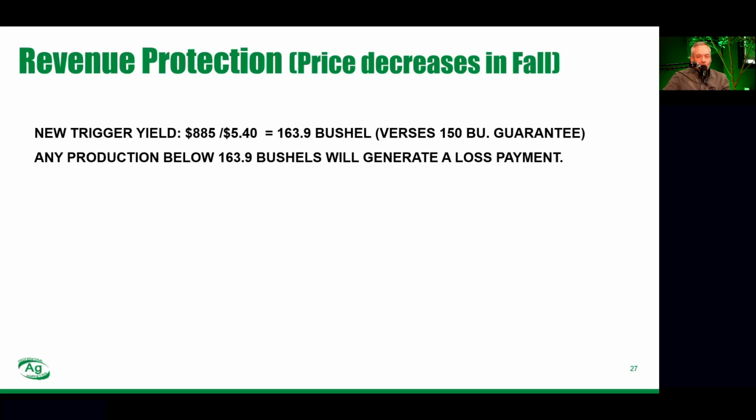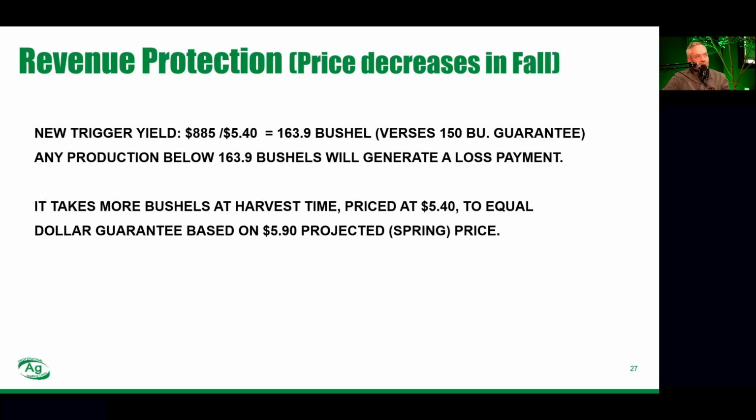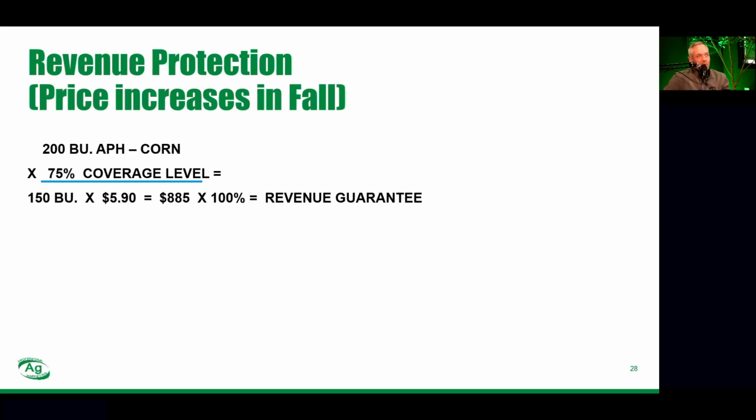Basically, I need more bushels at that lower price to get back to my original dollar amount guaranteed. So in this case, anything below 163.9 would generate a loss payment, which, since we combined 155, it was. Okay. Just like I talked about, it takes more bushels at a lower price to meet our guarantee.